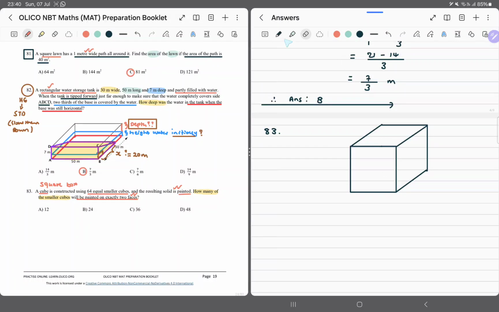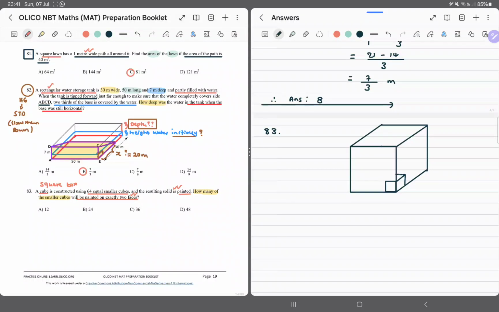Okay, so there is our lovely cube here, and it's made up of small cubes. So let's say this is the one. It's going to have another component here. I'm just going to try, guys. It's not so easy.